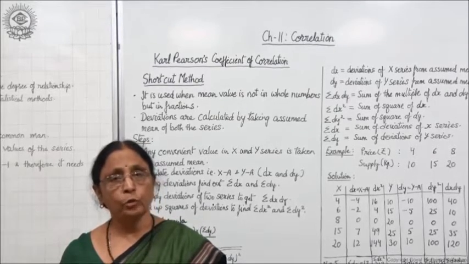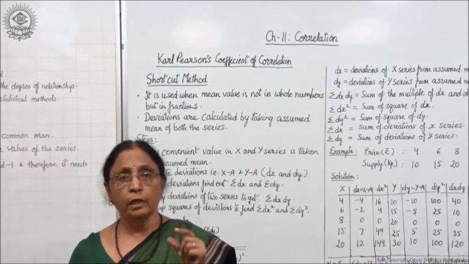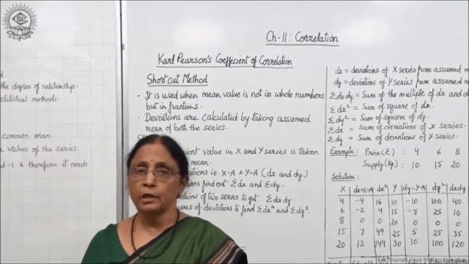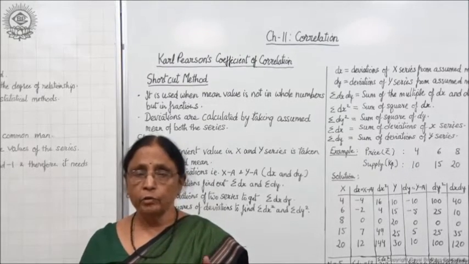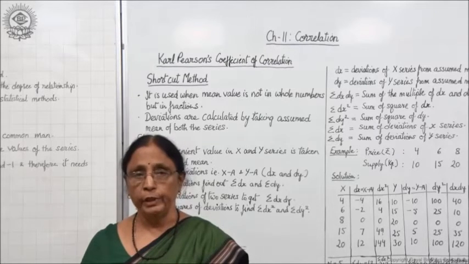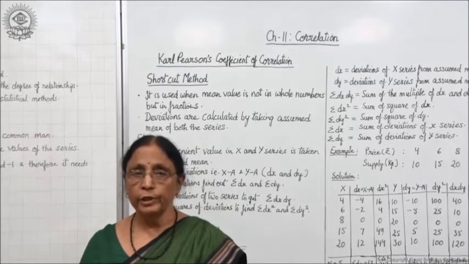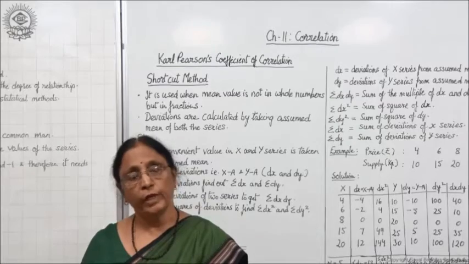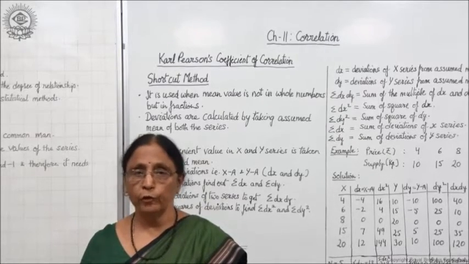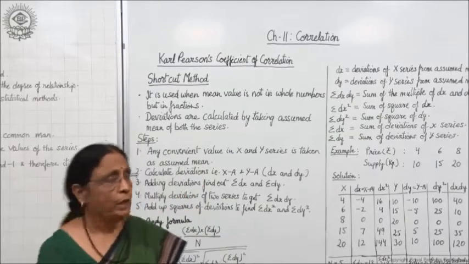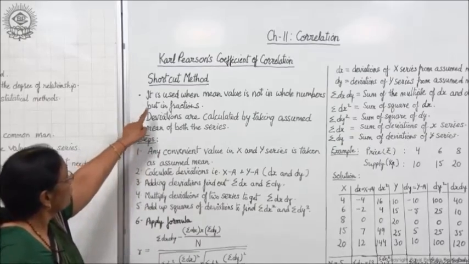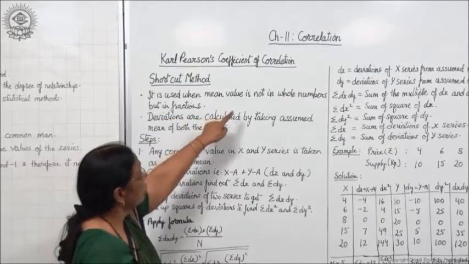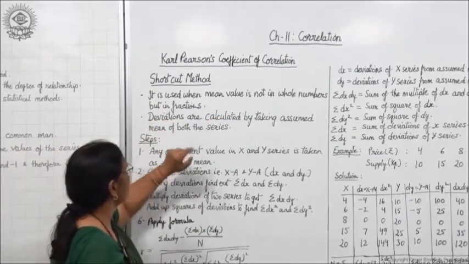So to make it easier, we take a whole number as assumed mean and we take out the deviation from the assumed mean, but the only difference is that we have to apply a different formula in this case. So shortcut method is used when mean value is not in whole numbers but in fractions.